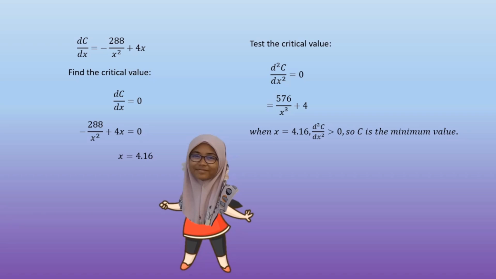When x equal to 4.16, d2C over dx squared is bigger than 0. So C is the minimum value. When x equal to 4.16, h equal to 3.47, by substituting the x value in the equation h equal to 60 over x squared. Do you understand? Yes, I understand. Thank you, Tasha.